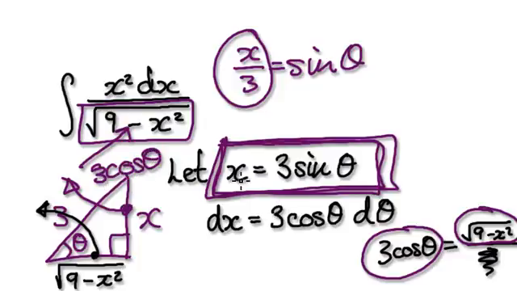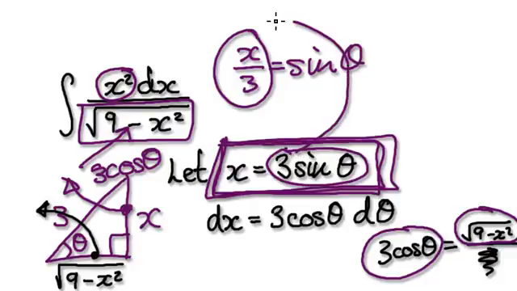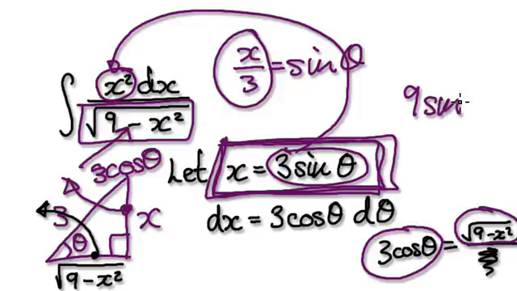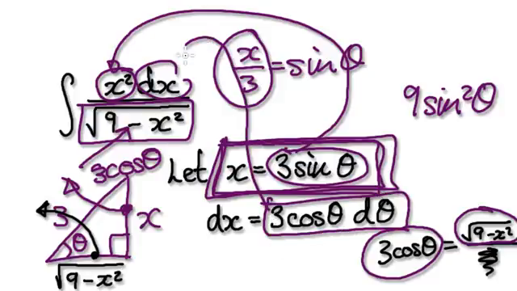Now let's substitute back in. x squared, we're going to put this into here, so that will become 9 sine squared theta. Then the dx here, we are going to put the whole thing here into the dx.